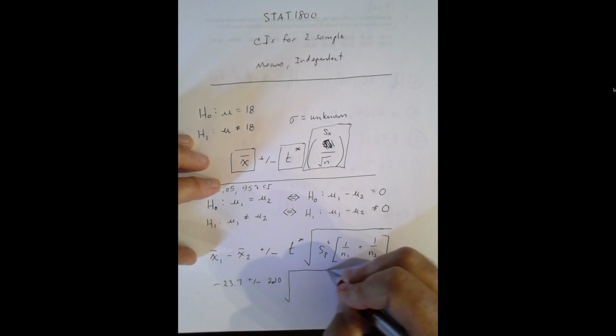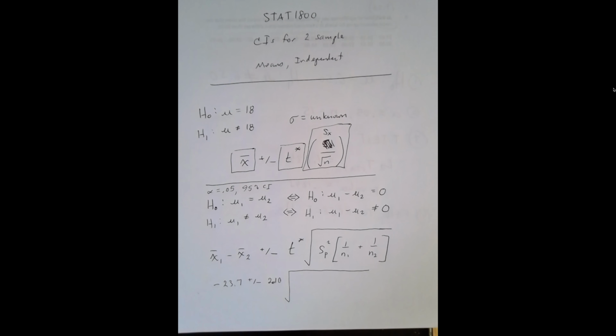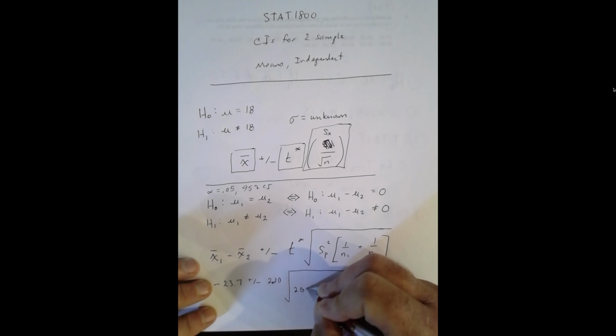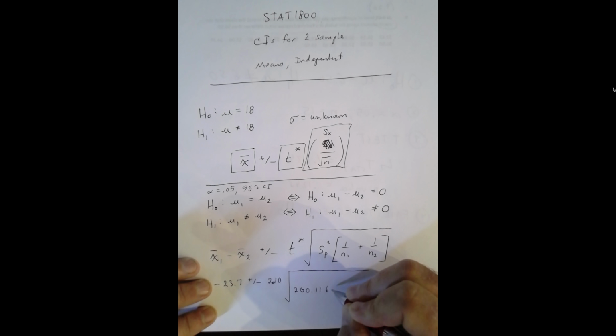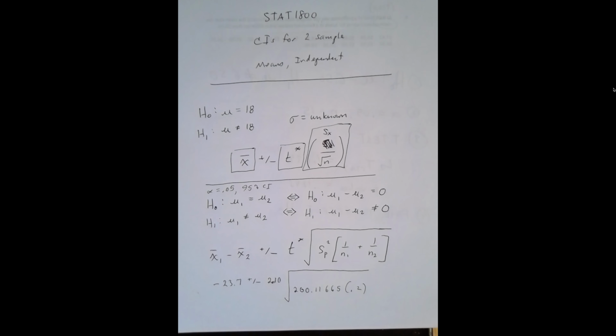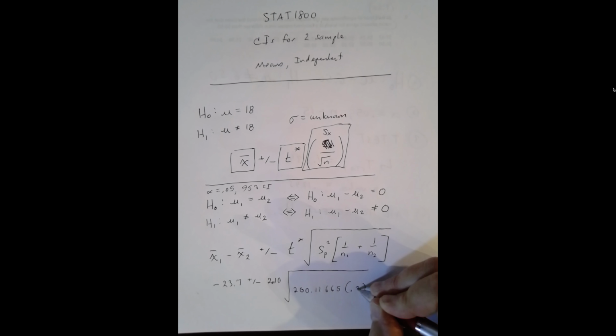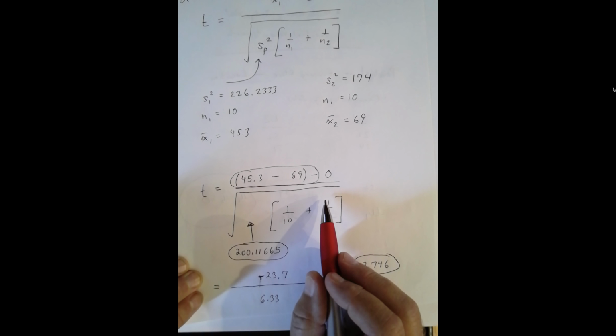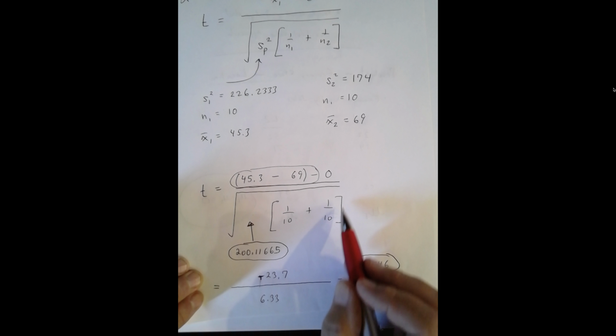And then this stuff turned out to be the square root of 200.11665 times 0.2. Guys, remember that? Previous video, 200.11665. And this was 1/10 plus 1/10 is 2/10, which is 0.2. So all this stuff right here turned out to be 6.33.